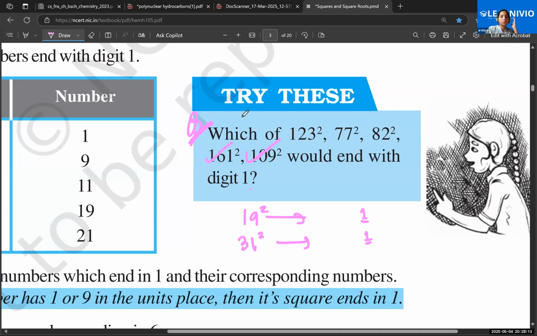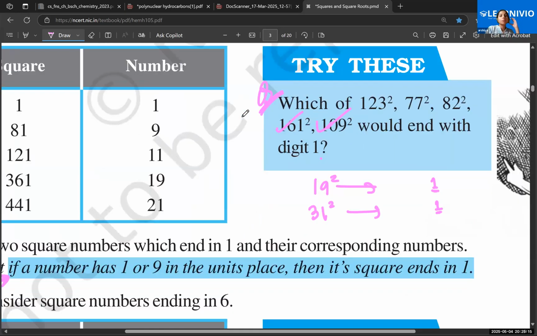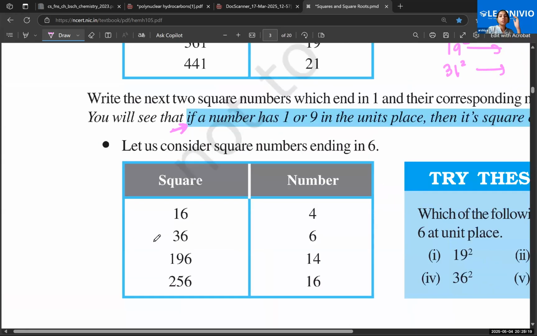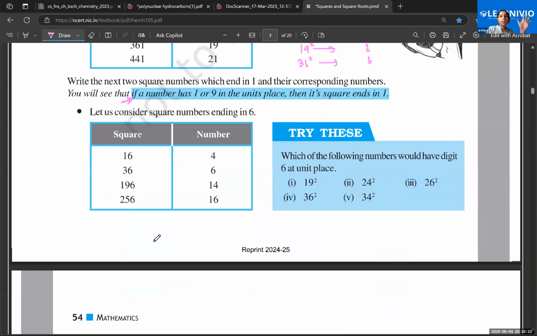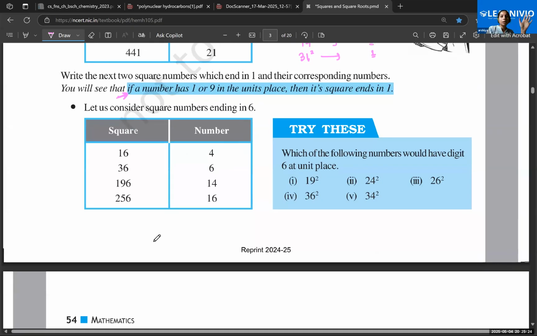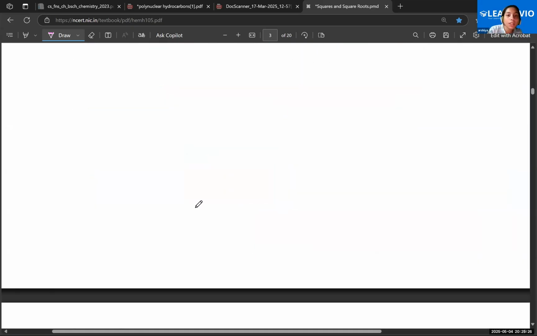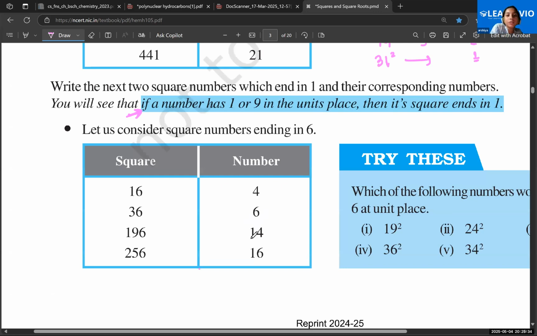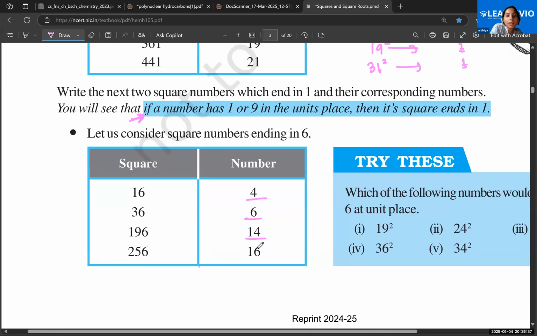Yes, mom. Now we have one more. The next one also has the same concept. Numbers ending with 4 and 6 in the ones place, and their square will be ending with 6.